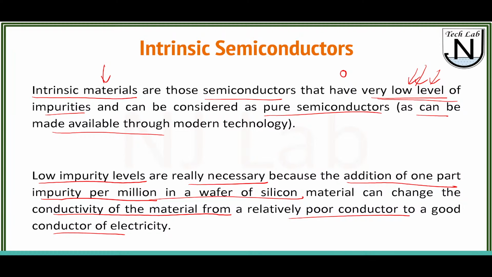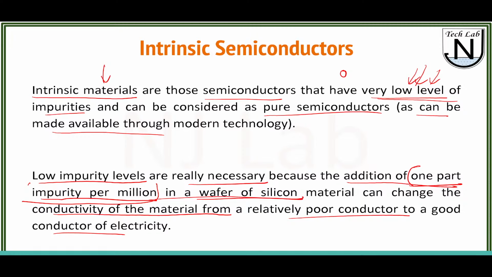After that, we are going to add the impurity in a controlled manner, meaning it will not be just any amount of impurity. We are going to add the impurity in a very controlled manner, something like one part impurity per million in one wafer of silicon, right?